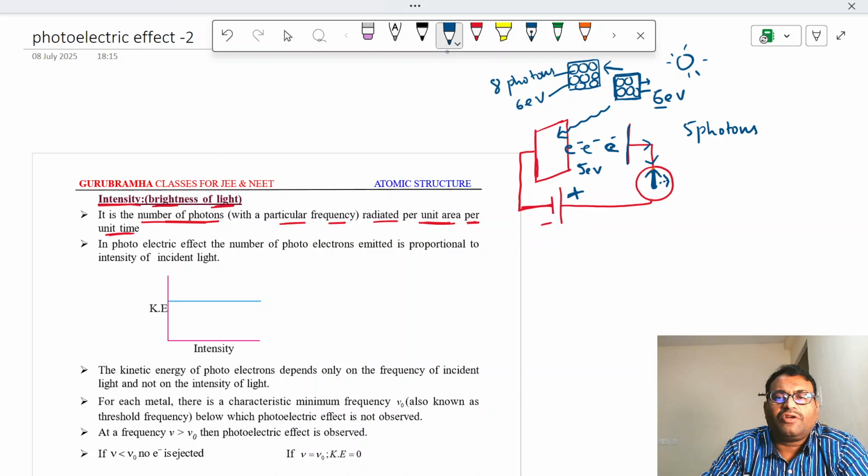Now, on increasing intensity, intensity increasing means number of photons per unit area we have increased, and each photon is having the same energy. So on increasing intensity, what is increased? Number of electrons ejected increases.